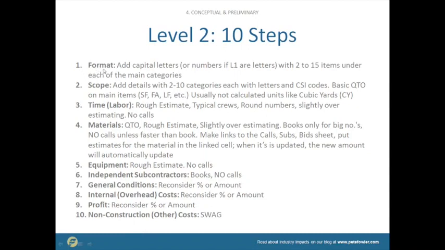So the format goes from a one-page summary to now we've got the estimate details, we've got the cost of labor, and we've got material calls we're going to start making for the biggest items. In conformance with the work breakdown structure, in a really detailed construction cost estimate, a top-level summary should have somewhere between 5 and 40 line items.